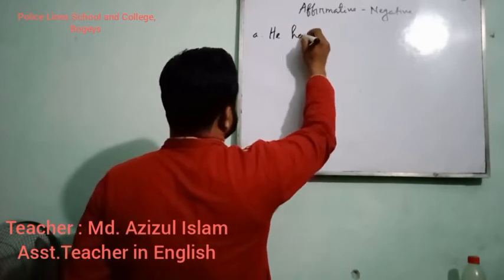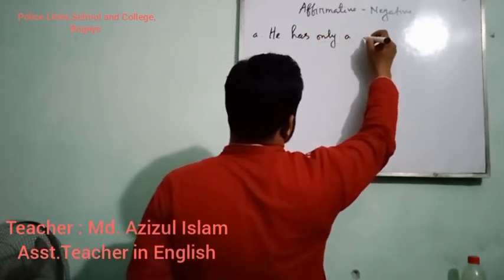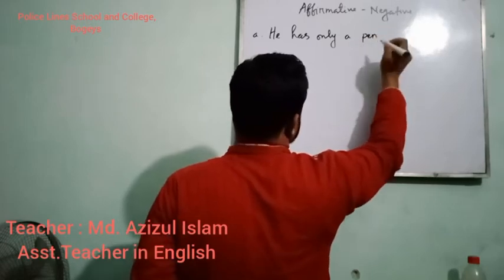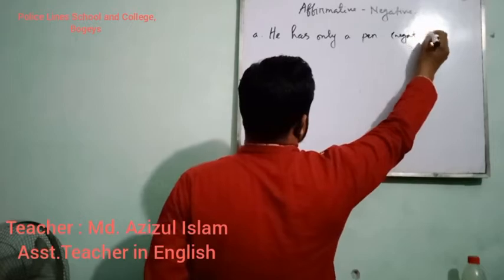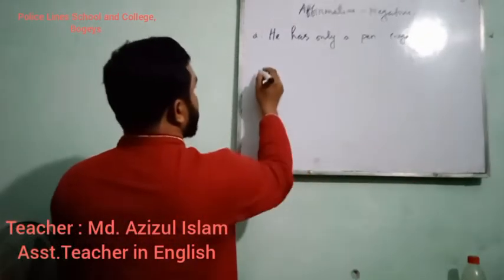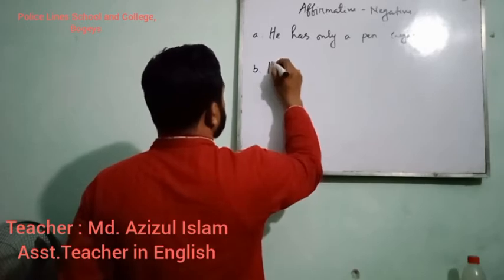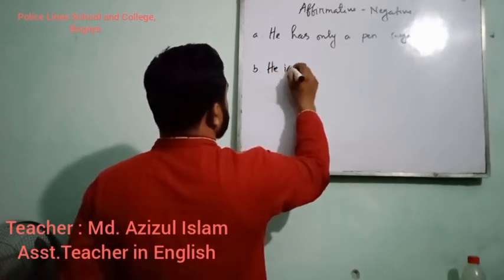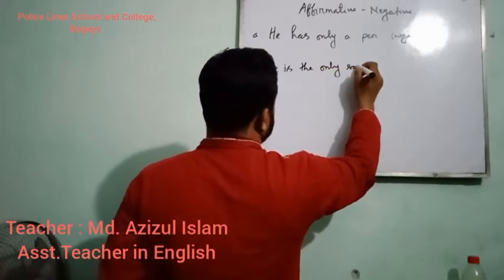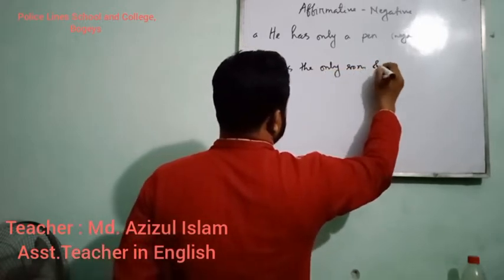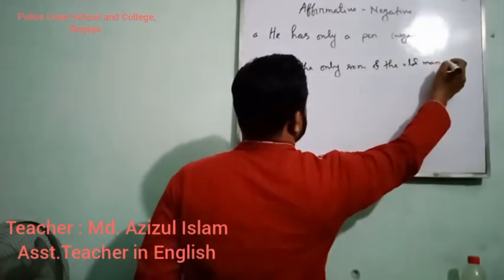A. He has only a pen. Negative. B. He is the only son of the old man.